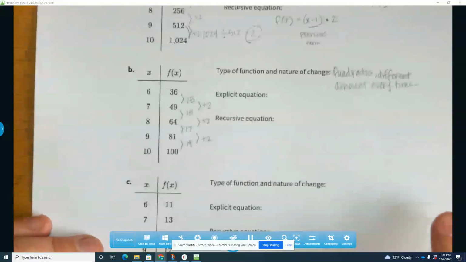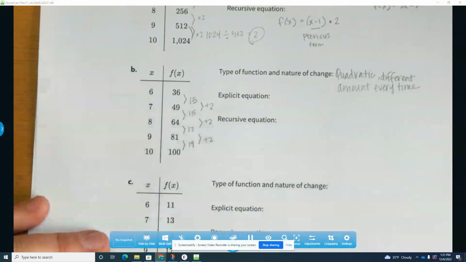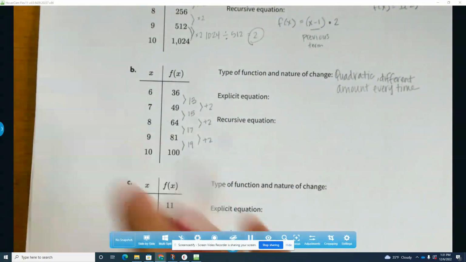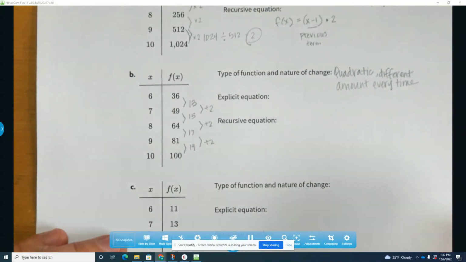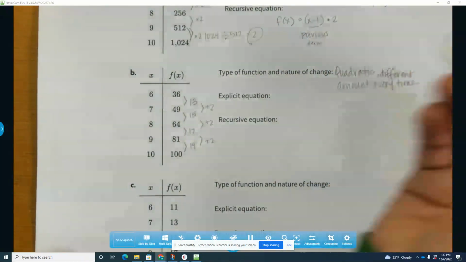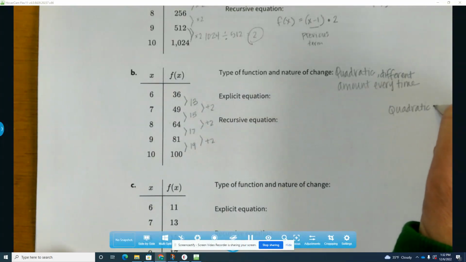Okay. And the explicit equation can be pretty tricky, so can the recursive, especially since we don't have a zero term right here. Okay, but we talked about this yesterday in class, at least I know second hour did, that in a quadratic, you're always going to have something being squared.